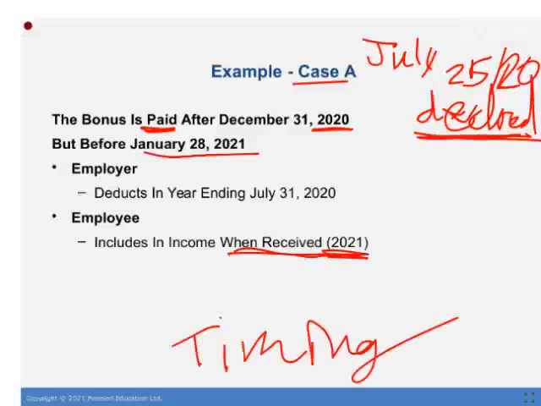So that would be called an other bonus. Basically this is good for the employer. They can declare the bonus and get it deducted in the current year end, which in theory the bonus relates to. But the employee doesn't have to pay until they get the money. So if you keep within that 180 days, this works perfectly for everybody.